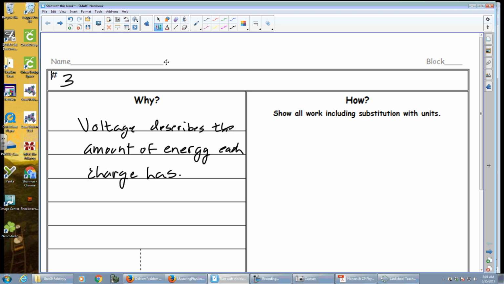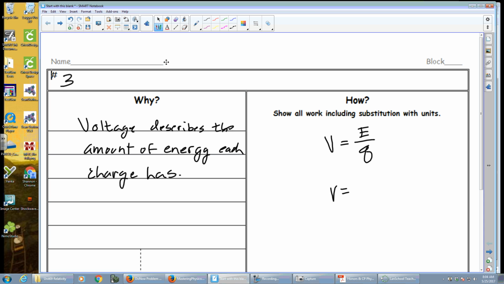And so start with the big equation that voltage is energy per charge. And I'm looking for V.